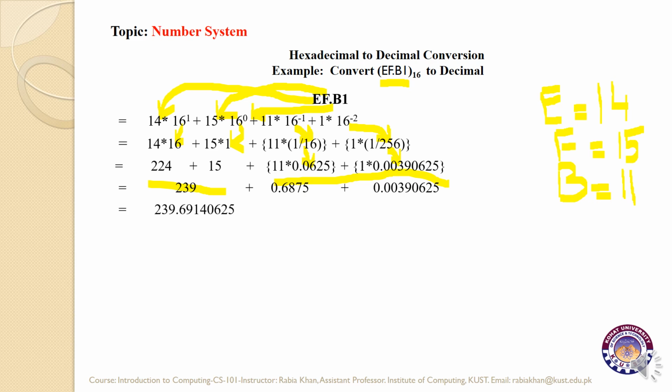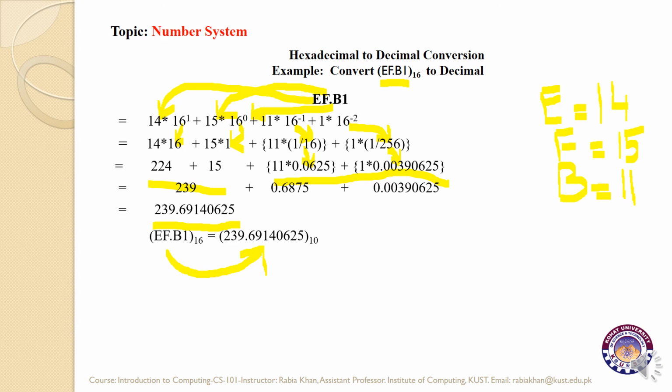This is the final answer, 239.69140625. This is a decimal number. How do we write up the answer? EF.B1, which was a hexadecimal number, is equal to 239.69140625, a decimal number.